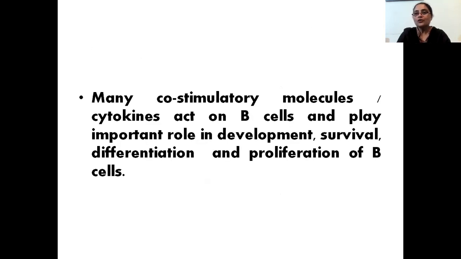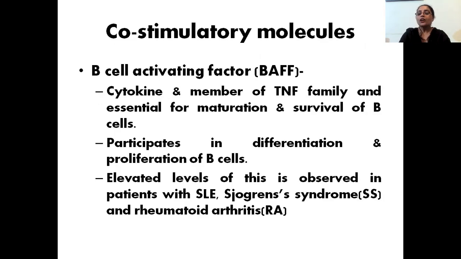So today we will talk about many co-stimulatory molecules or cytokines which act on B cells and play an important role in development, survival, differentiation, and proliferation, that is multiplication of B cells. One important co-stimulatory molecule is B cell activating factor, known as BAFF, a cytokine and member of the TNF family, essential for maturation and survival of B cells.